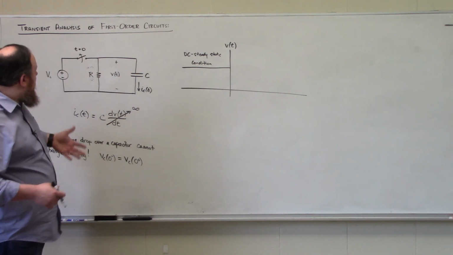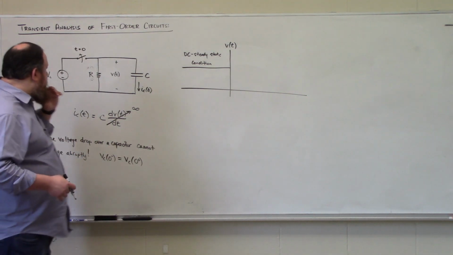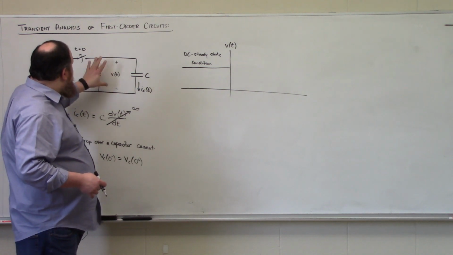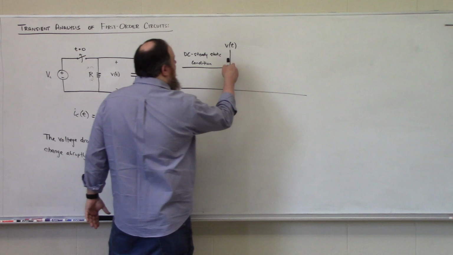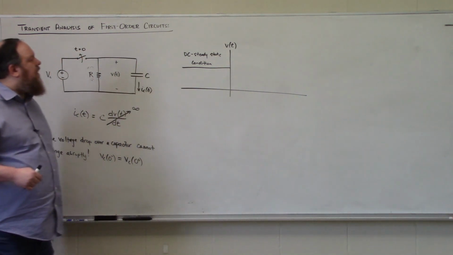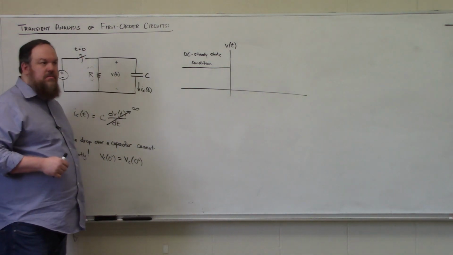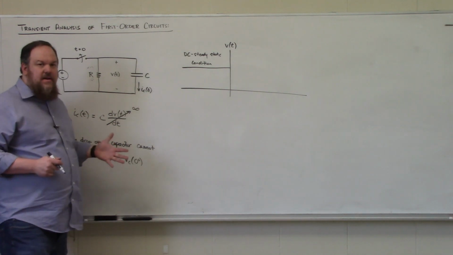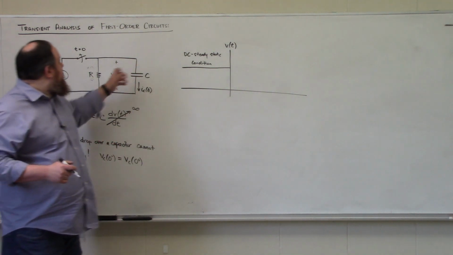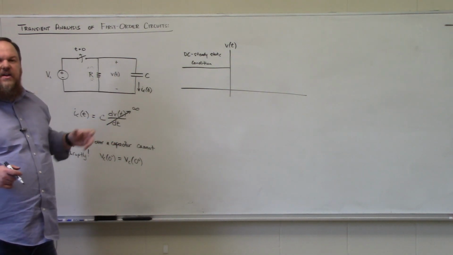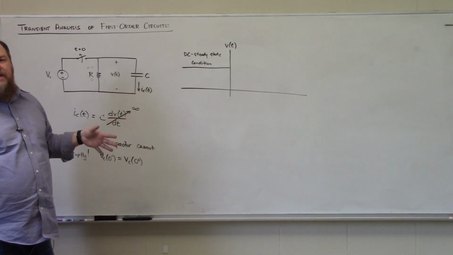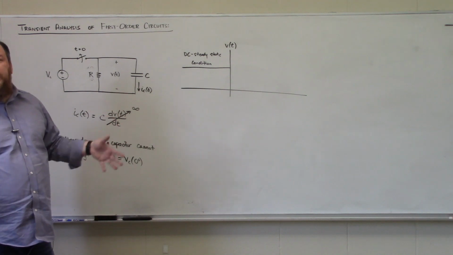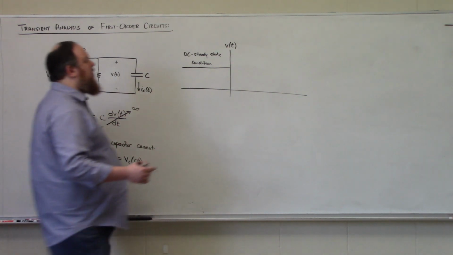So now let's say we know that V of t has to be equal to V of s on the positive side of 0, right? But if there's no source connected to the circuit, we should see that eventually the voltage drop over that capacitor is going to fall or decay to 0.